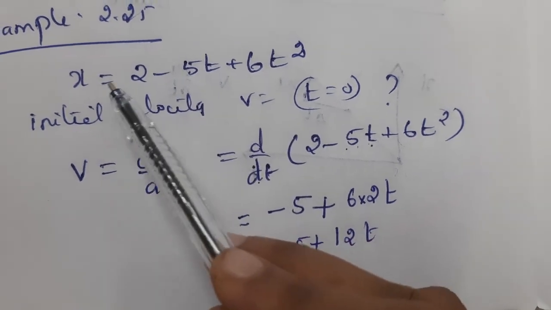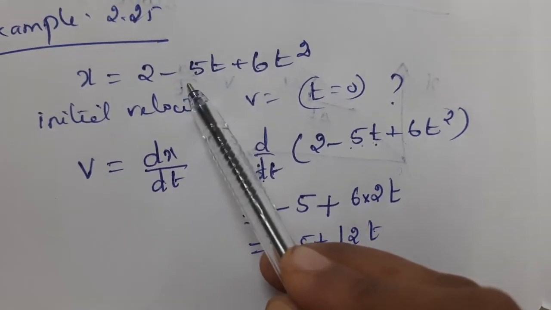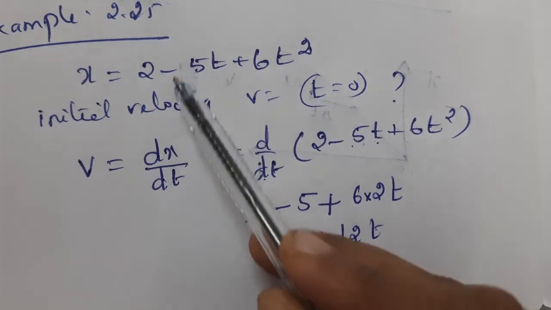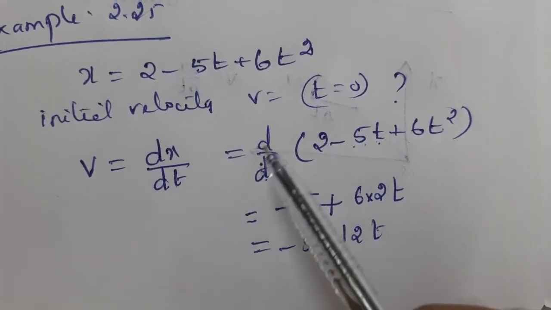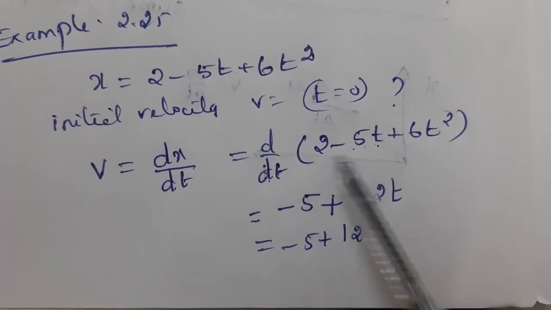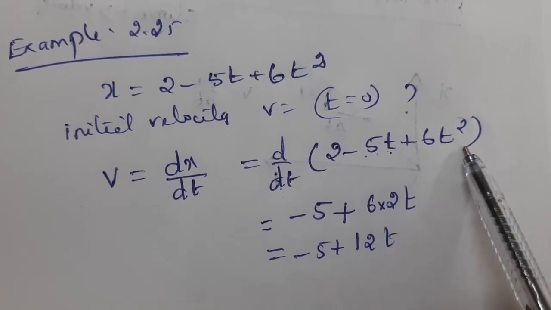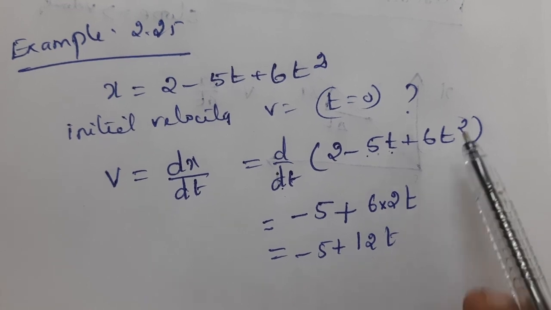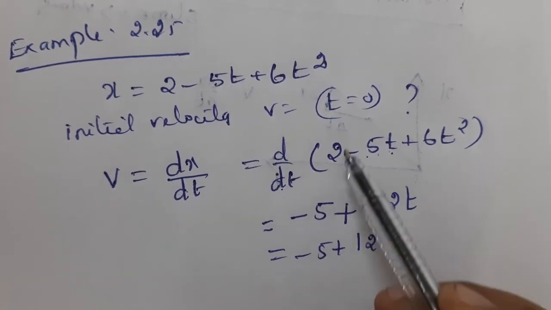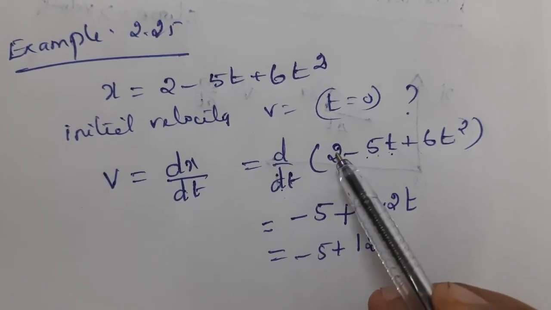Friends, listen. The position is given. We have to calculate the velocity, so we have to differentiate, dx by dt. So d by dt of this position, 2 minus 5t plus 6t square. The position varies along only the x-axis. Here differentiation of this number is 0, the constant.